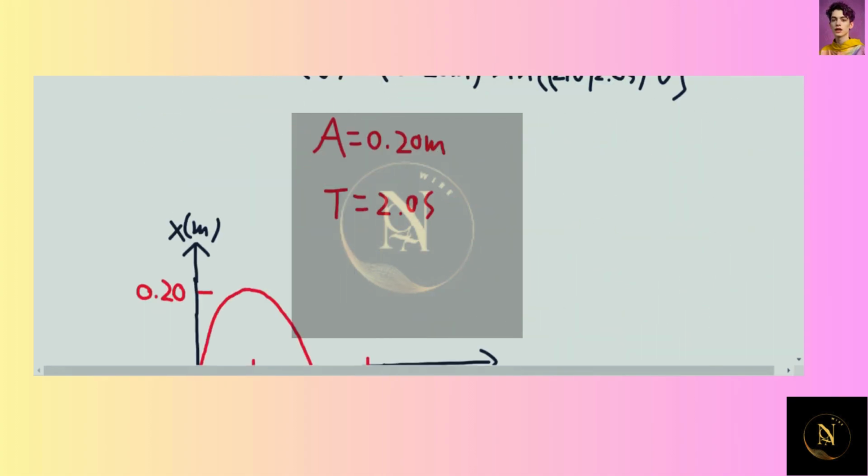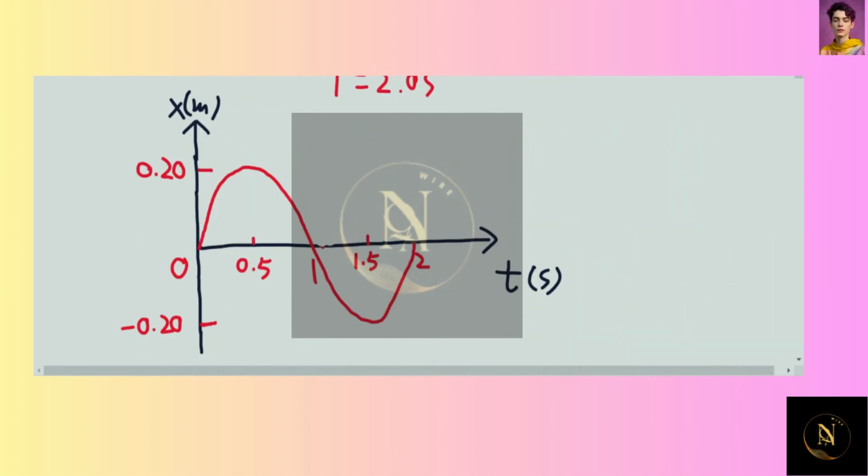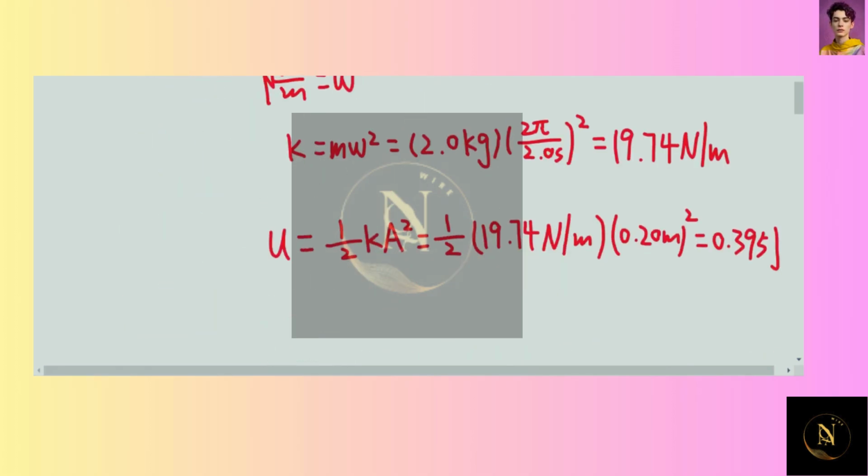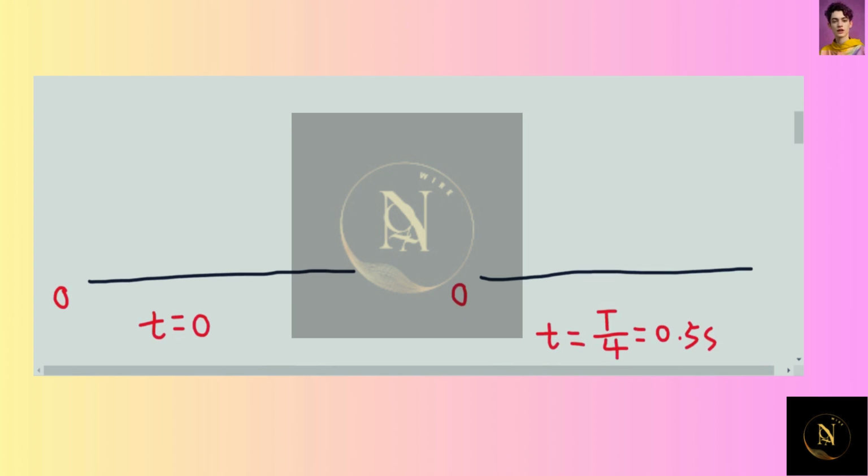So when time is equal to 0, if we take a look at the position versus time graph, at time equals 0, the displacement is 0, okay, which means that potential energy is 0. So all the total energy becomes kinetic energy, okay, which should look something like this. So potential energy is 0, and kinetic energy is here.